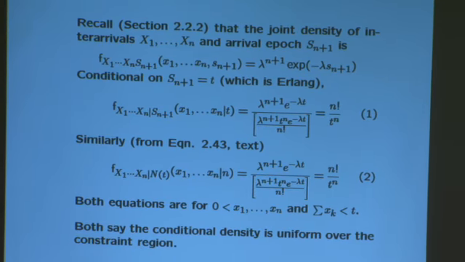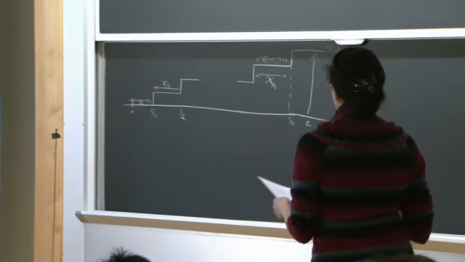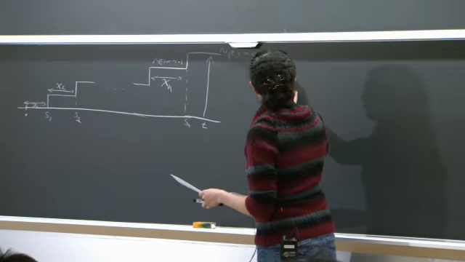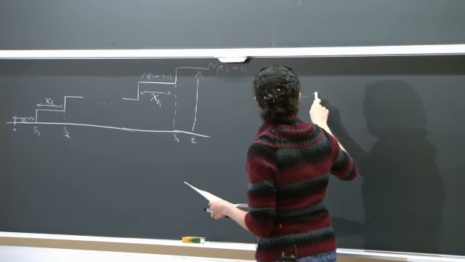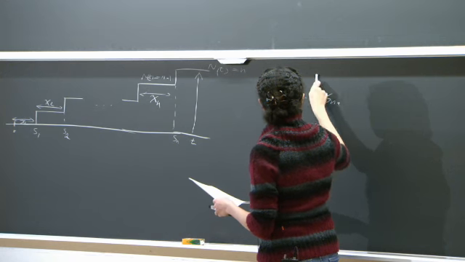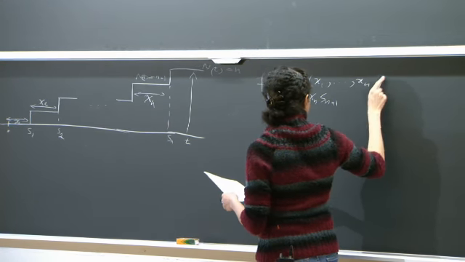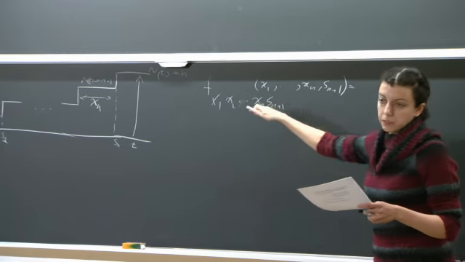You know that inter-arrival times are independent in a Poisson process. Just looking at this, you know that these things are independent of each other.